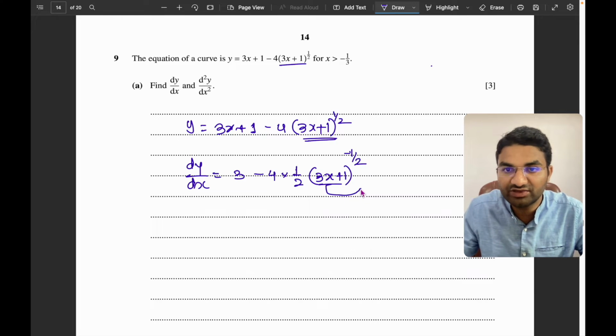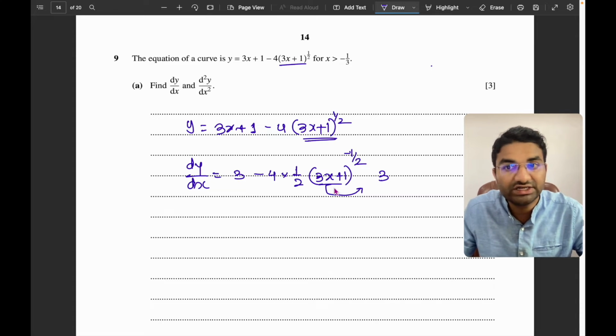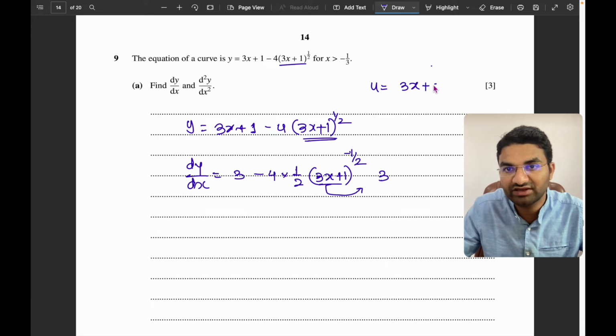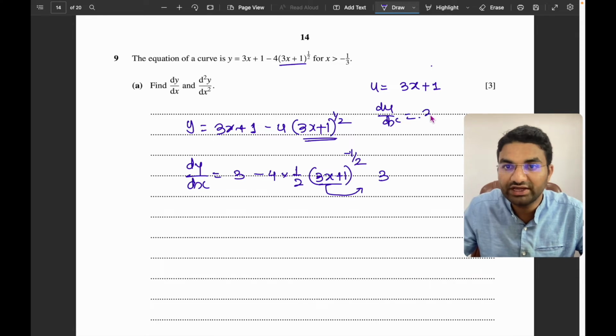And for the derivative of this part, it's just 3, since here you have to use the chain rule basically. So you put u is equal to 3x plus 1, du by dx will be 3, and that is what I got here.